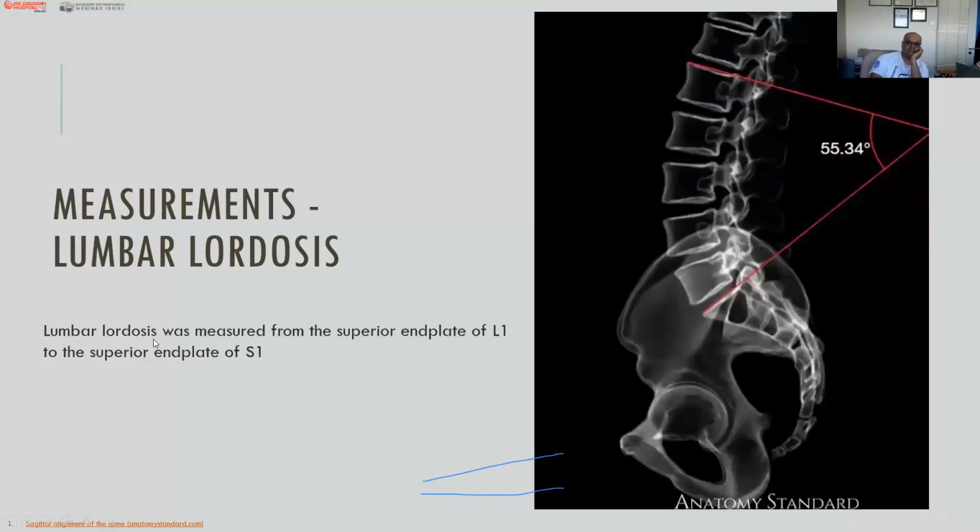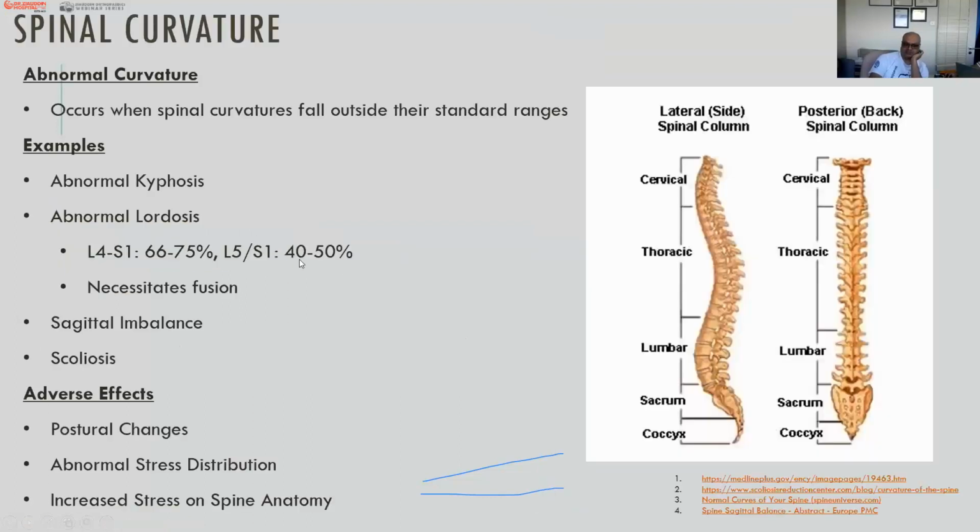Lumbar lordosis is classically measured between the superior end plate of L1 and the superior end plate of L5, and as I said, it can be between 40 and 60 degrees. Now, again, some important figures to remember: 60 to 75% of the lumbar lordosis is at the L5-S1 level. This is very important when we are doing fusion.